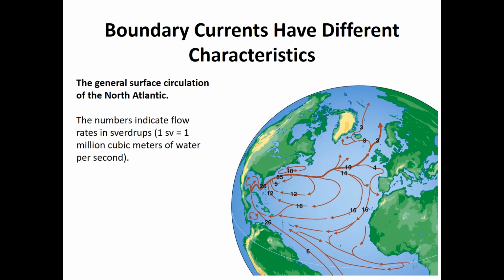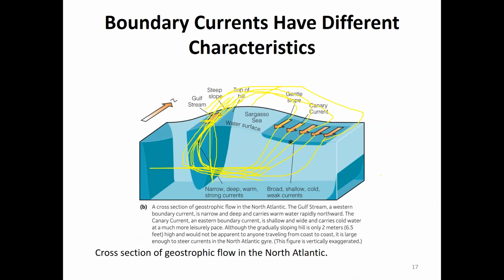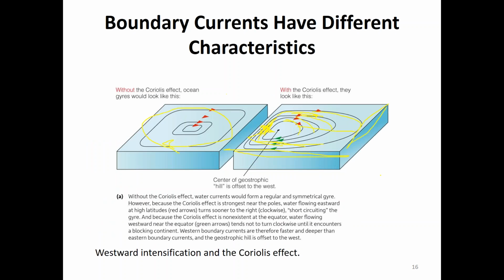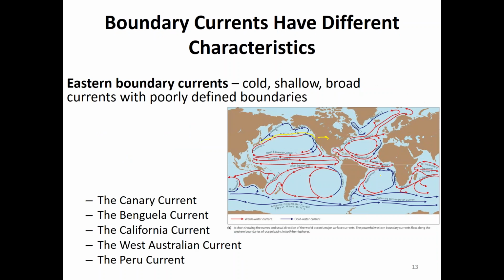Does that make sense? And we can see that when we compare, say, San Francisco, which is really cool and foggy, to Washington, D.C., which is hot and muggy. Why? Well, because California has a cold eastern boundary current flowing down here, so it has this relatively cooler water next to it, where DC has a western boundary current bringing very hot, warm water up next to it.